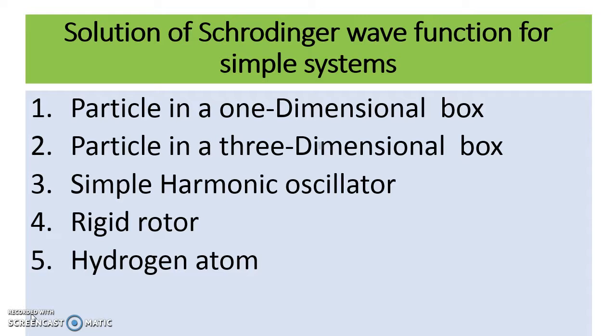Simple harmonic oscillator, similar to a pendulum, rigid rotor, similar to a hard ball even after hitting any surface without showing any change in its spherical structure, and ultimately hydrogen atom, wherein we are able to have just one electron.